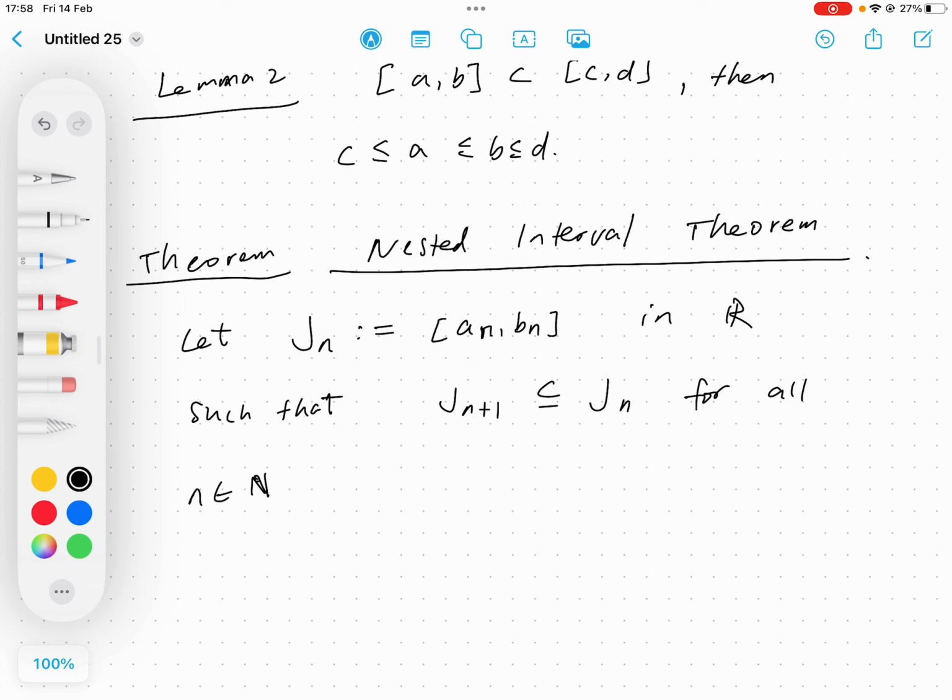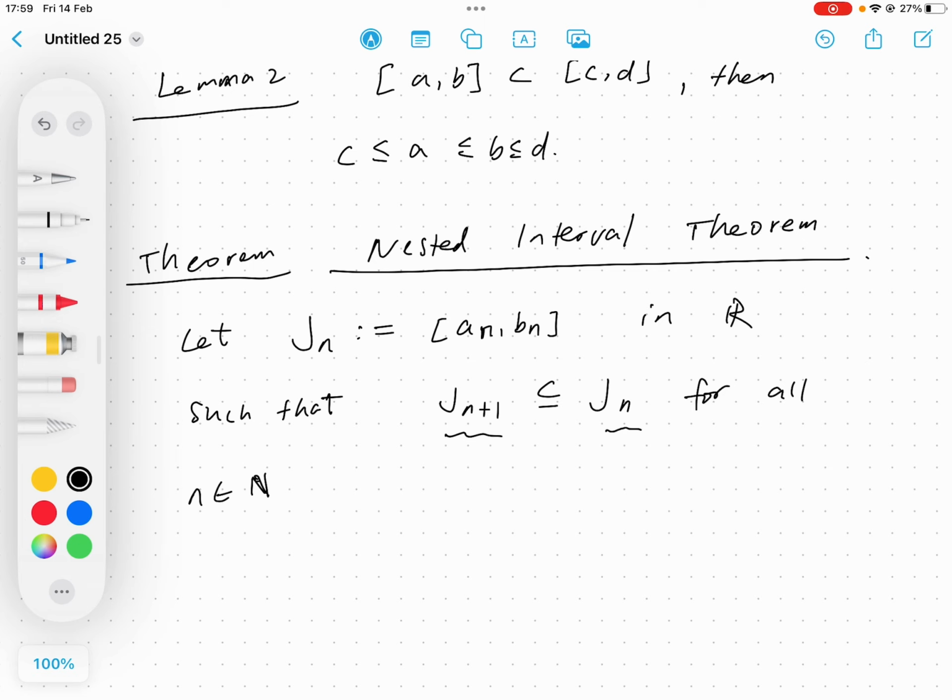What we mean by this definition is that we have nested intervals: with a larger subscript, we have a smaller interval than before. The interval with the larger subscript is nested inside the previous, bigger one. That's what we were talking about here.